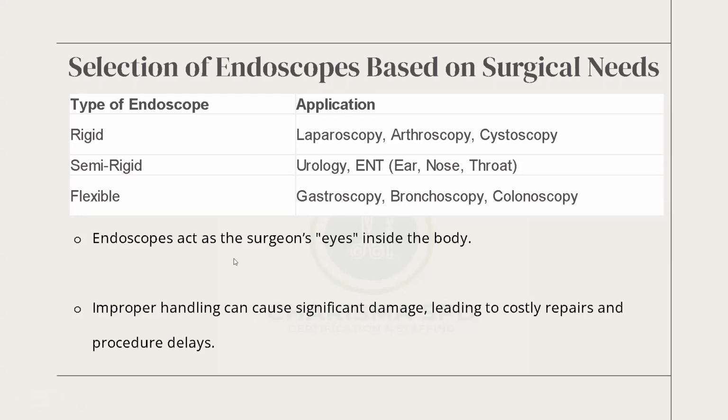Either you use the wrong sterilization method, or you allow fluid to invade it. Fluid invasion can happen in the OR or in CSPD, or you put heavy items on it and break the fiber or the lenses. All of that will damage the scope. Next slide.